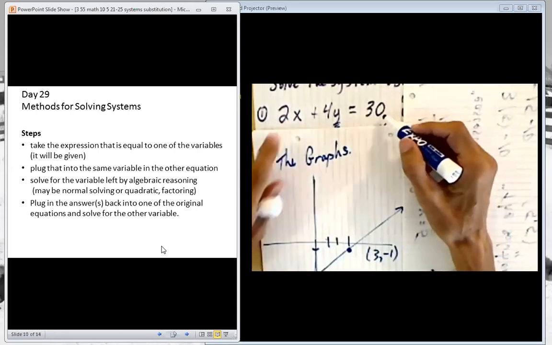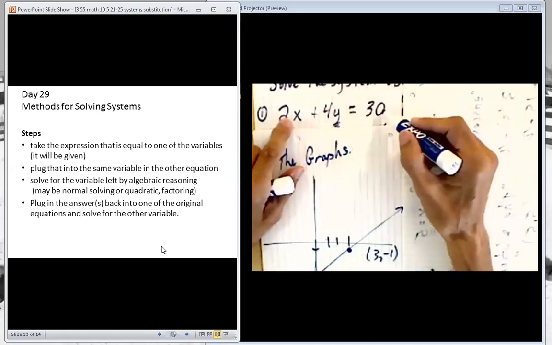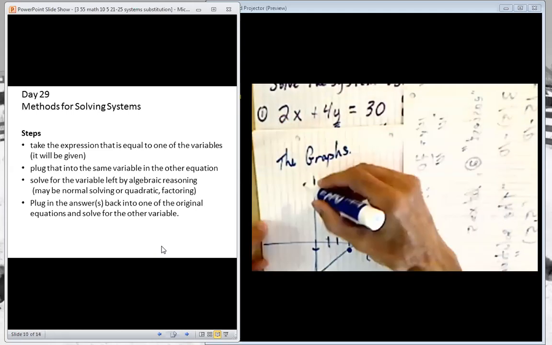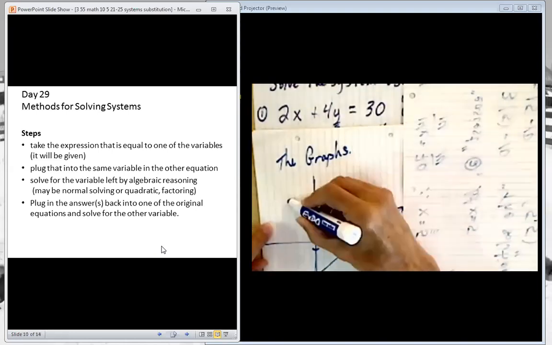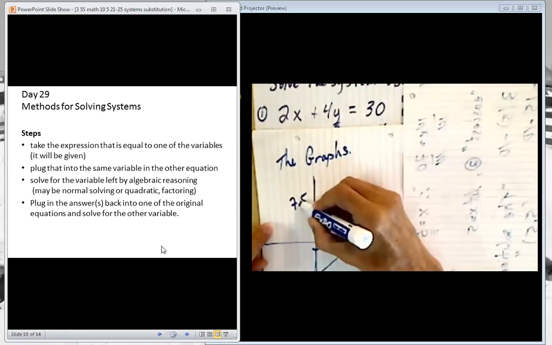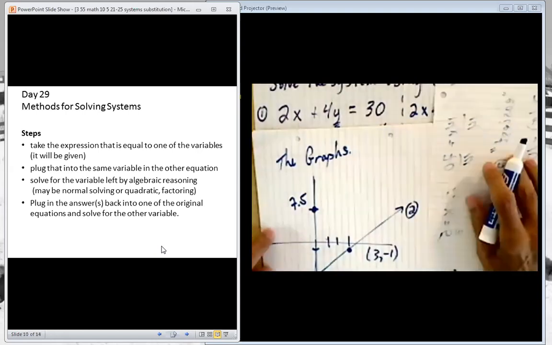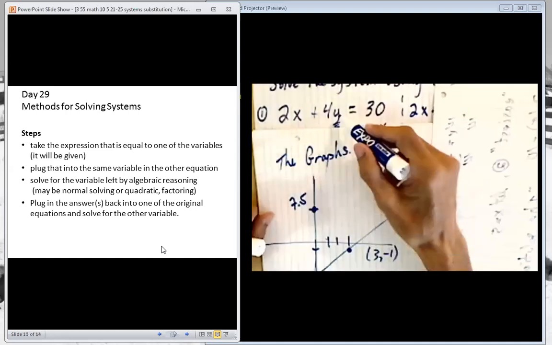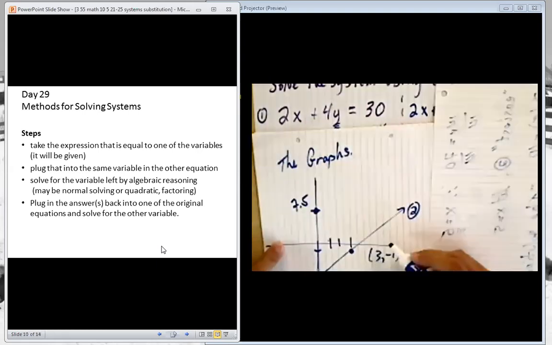If x is 0, 4 times something is equal to 30. For free, I'll tell you today. It's 7.5. So this is at 7.5. The x coordinate, if y is equal to 0, the x value ends up being 15. So that's going to be way out over there.